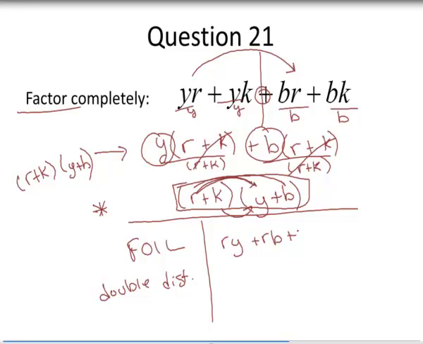K times y is ky. That's a k, not an r. K times b is kb. Is that the same thing? They're just in a different order. RY is YR, RB is BR, KY, I left out a plus sign, KB, it's the same thing, they're just in a different order, aren't they? So it works. This is the factored form though, right here.